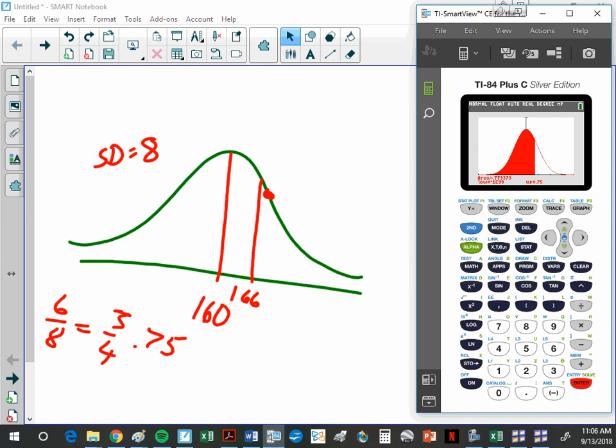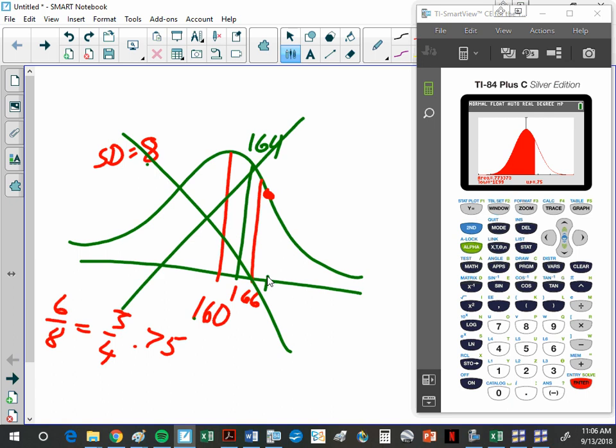You could say, well, 1 SD is +8, so 164, and then I would need to do 164 minus 160 divided by 8, but what am I going to get when I do that? 1/2. So we didn't even need this. All we needed to do was graph from -5 to 0.5.